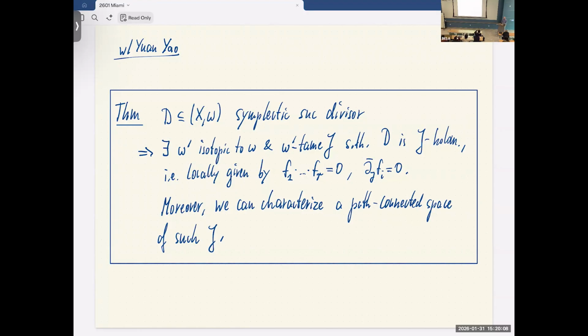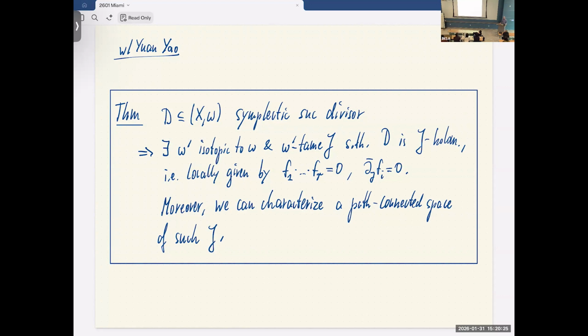Together with Yuan Yao, after many iterations, we made it work. So the statement is, let's say you have a symplectic simple normal crossings divisor, a union of symplectic submanifolds intersecting positively.